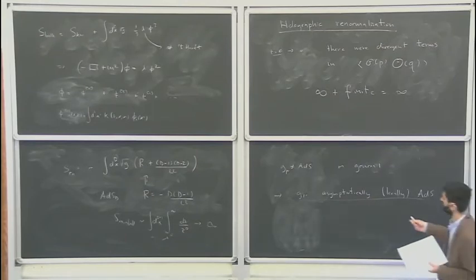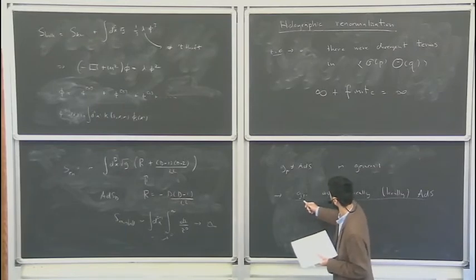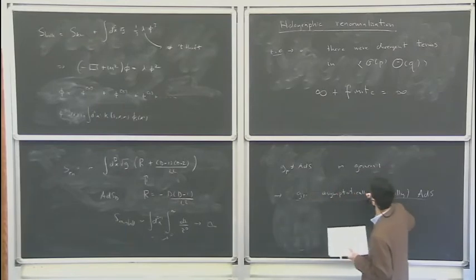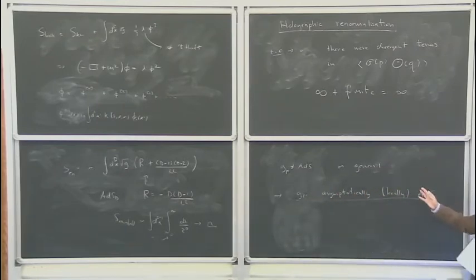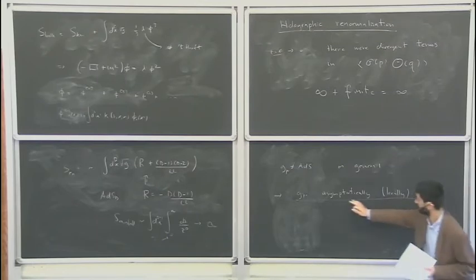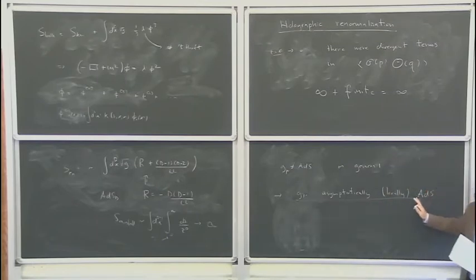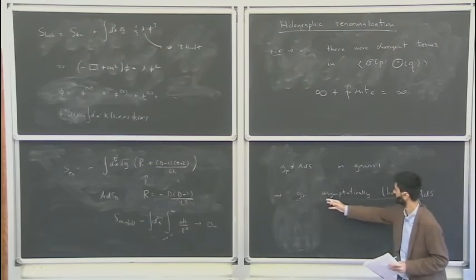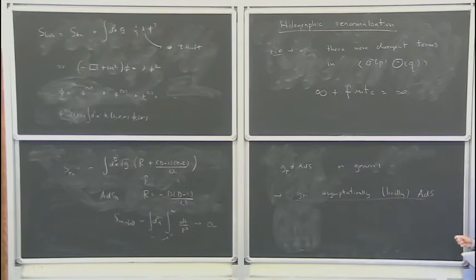So what I mean here is that in order to do holography and set up holographic renormalization, that's the correct setup to consider. It's not just pure ADS, but a space which is asymptotically locally ADS. So it approaches ADS near the boundary, but it departs from it in some perturbative expansion near the boundary.